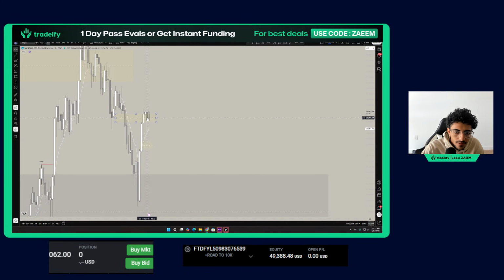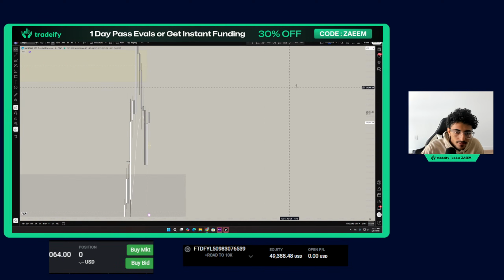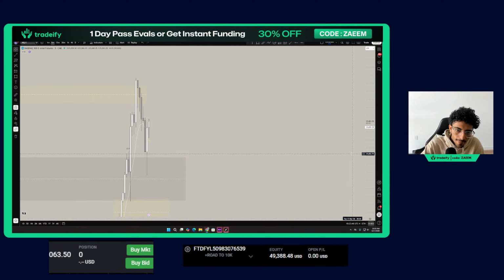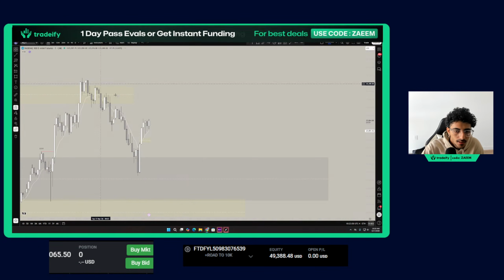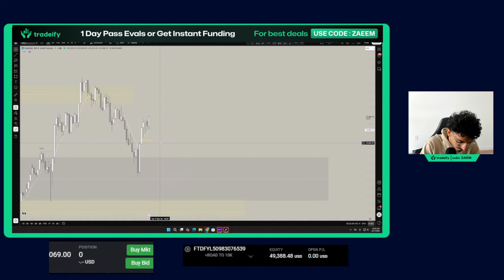This would have been my entry candle if I wanted to go long, so I would already be in longs. But I'm probably just gonna wait, give the market some time again to think what it wants to do. We have this entry right here that we can possibly take, so I'll just take the break below the 1 minute.